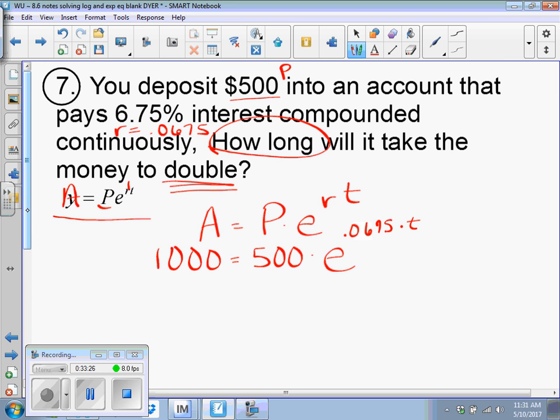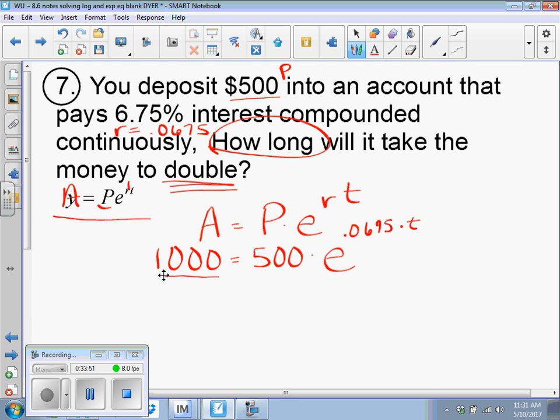So we have $500, that's our principal. It pays 6.75% interest, so the rate is 0.0675. How long will it take, solving for t? How long will it take it to double? So the money we end up with is $1,000. Before you can solve that, you have to have e to the 0.0675t by itself.